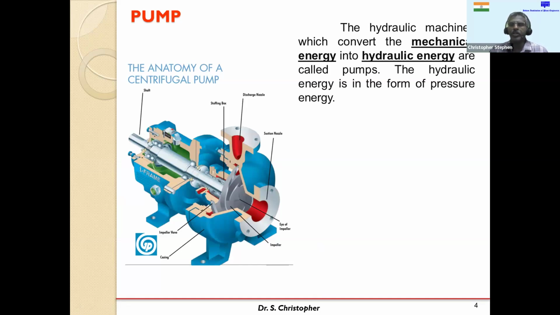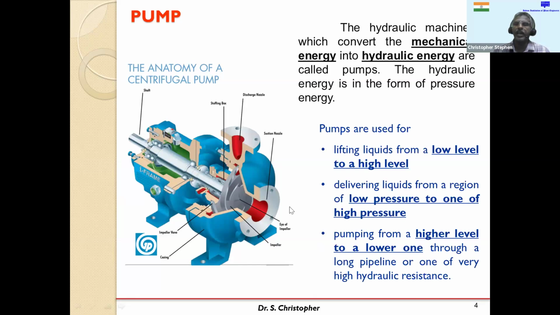Apart from that, a pump can be used to convey fluid from a low level to a high level, from low pressure to a high pressure zone, or even from a high level to a low level when the fluid or liquid is highly viscous. Whenever these are the constraints, we definitely need a pump. Only then can we convey the fluid from one location to another.